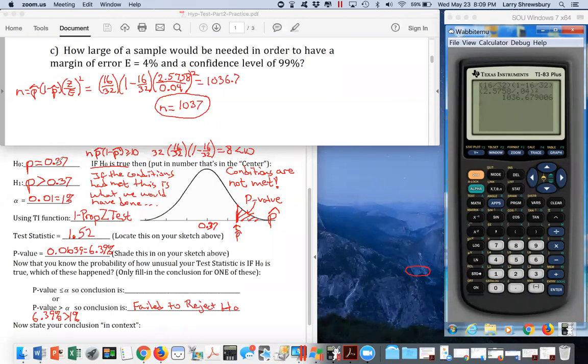If it was different from 37%, it didn't have the power to detect it. But as you increase the sample size, you're increasing the power of your hypothesis test to detect differences, such as being greater than 37%. Okay? So that's the idea.